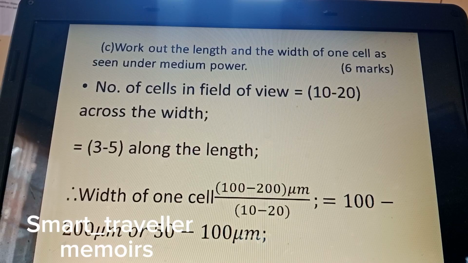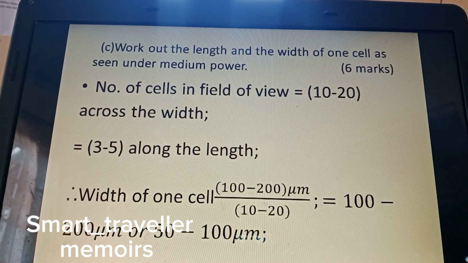So width of one cell was, I'm giving the range, 100 to 200 over 10 to 20, depending now on what you use, and you are getting the answer as the width to be between 100 to 200 or 50 to 100 micrometers.